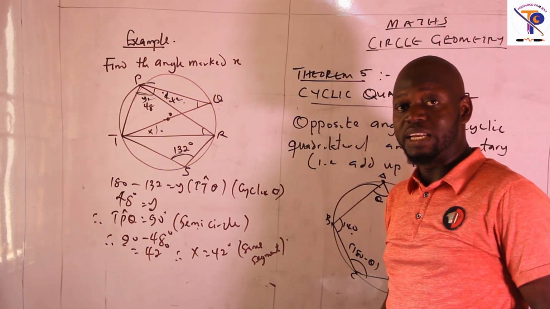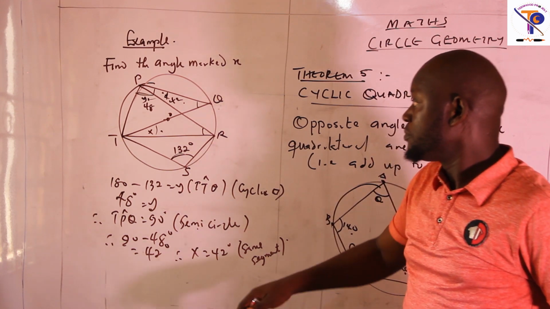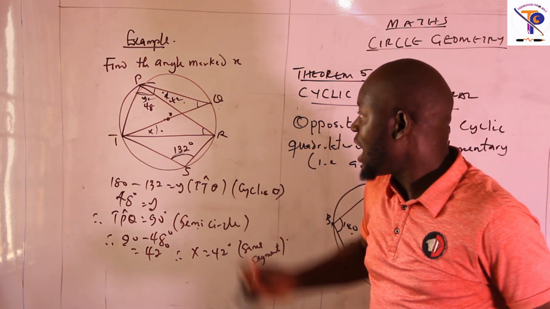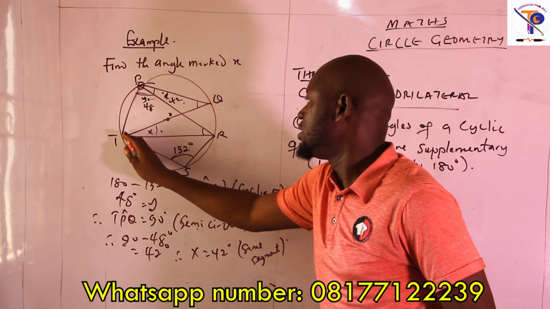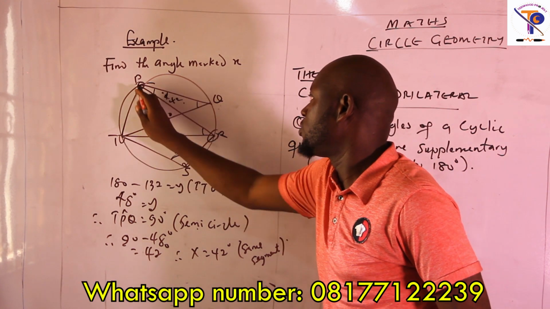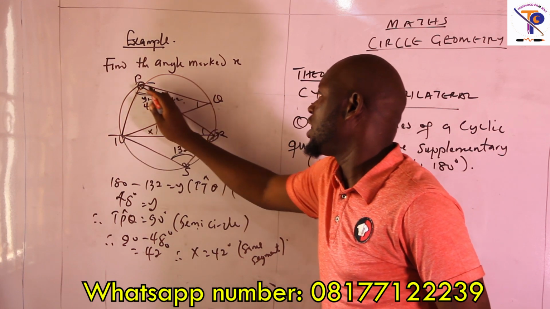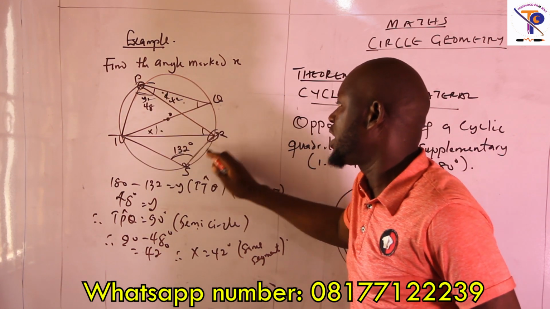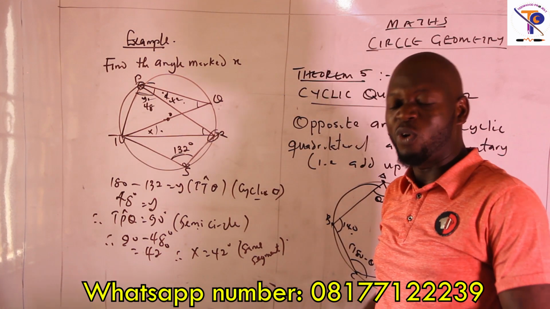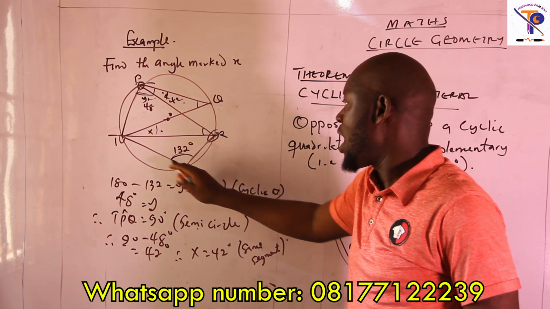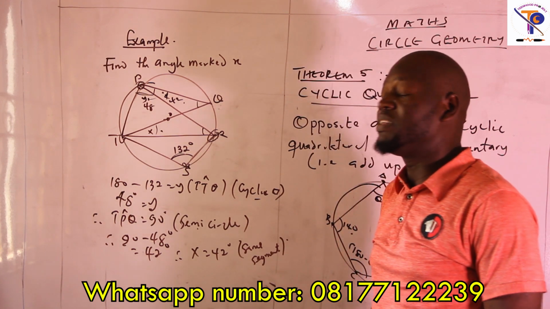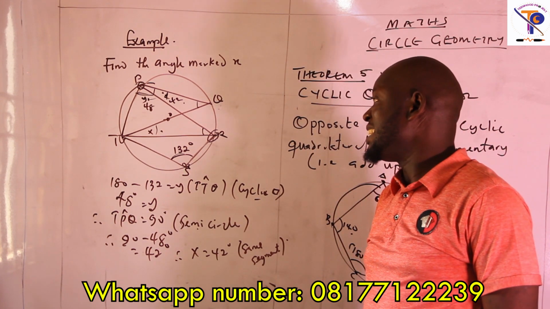I hope you can understand. Let me explain this again. I have a cyclic quadrilateral here. That means this point, this point, this point, this point. Look at it. It's a cyclic quadrilateral. So there is a quadrilateral in the circle, with the four having their vertices at the circumference.